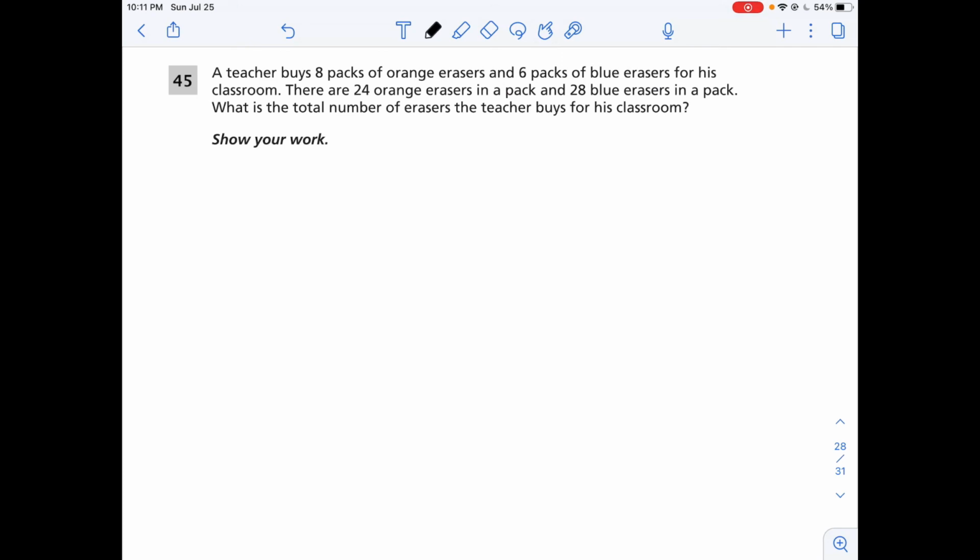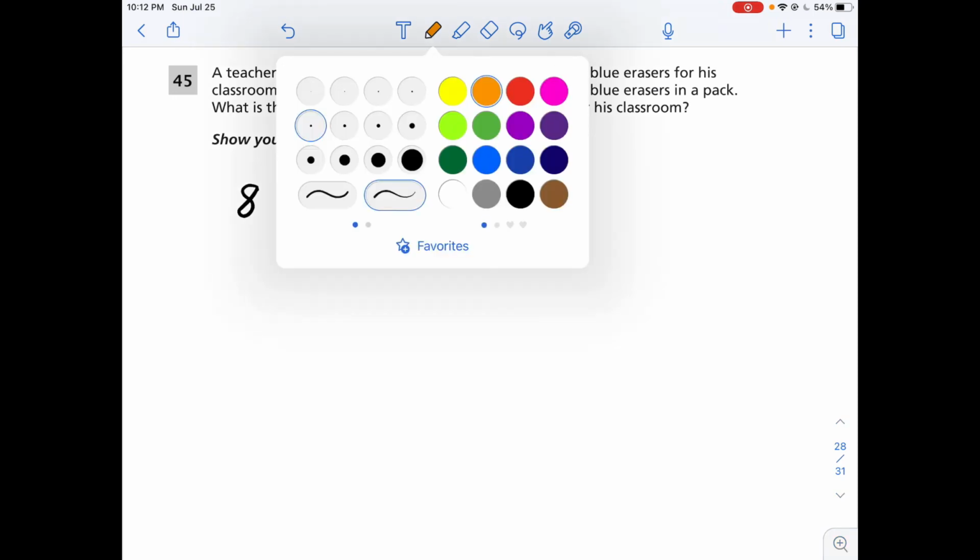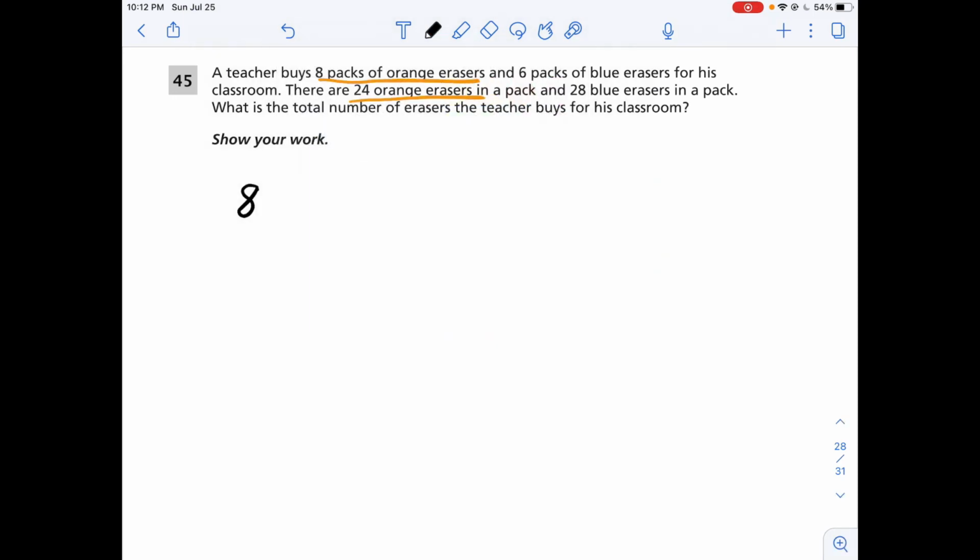Okay, so he buys 8 packs of orange erasers, and in each of those packs of orange erasers, there are 24 orange erasers. So to figure out the total, we have to do the 8 packs of orange erasers times 24 orange erasers in each pack. So that would be 8 times 24.